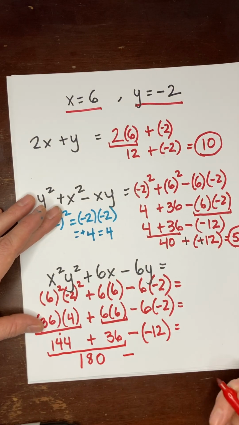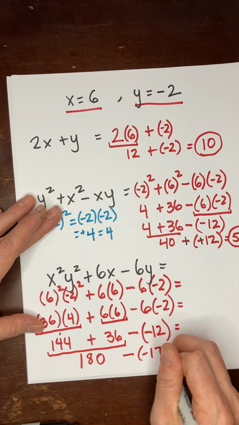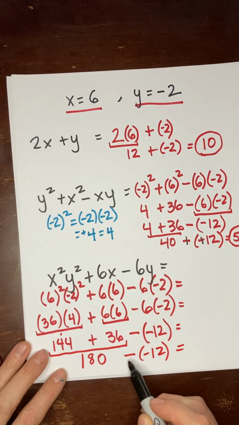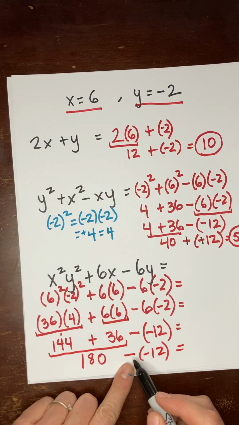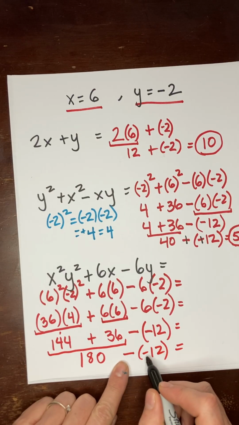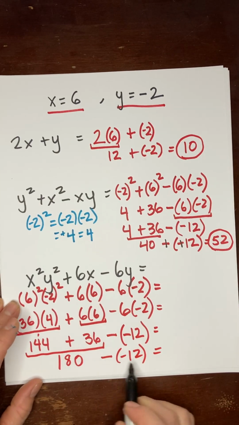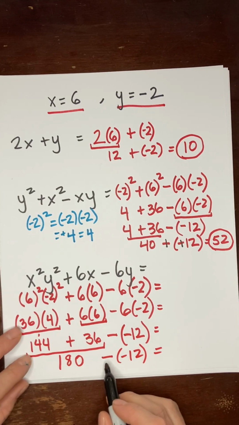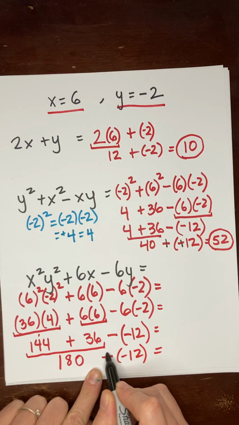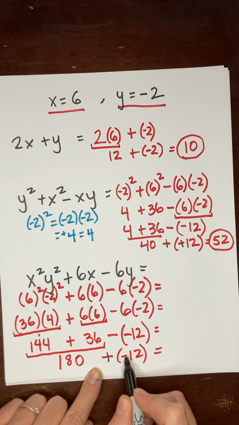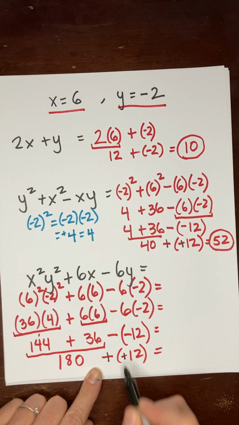Okay, minus 12. Now, because I have a subtraction problem, I have the option to change that to addition and change the sign of the number it follows. That makes my math easier. And I think it will make my math easier because this, I can't conceptualize what's happening. So I'm going to change subtraction to addition. And if I do that, I have to change the sign of the number that comes after.